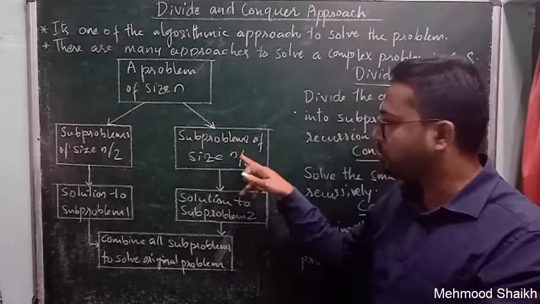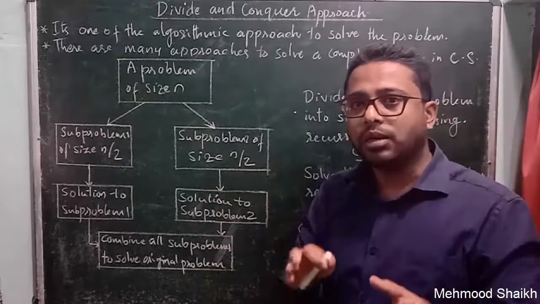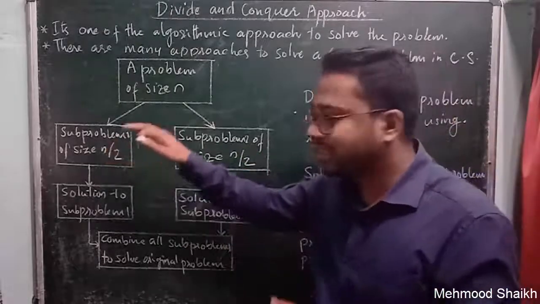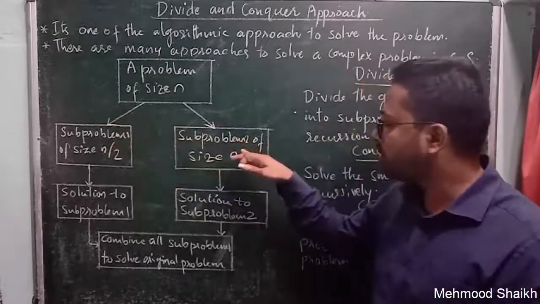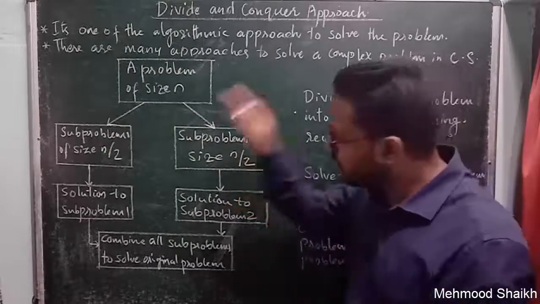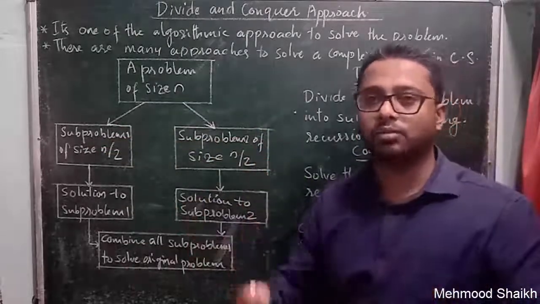At this point, if you think you can make a solution for subproblem 1 and subproblem 2, you are free to do so. But if you feel these subproblems are still too large, then you can further divide subproblem 1 and subproblem 2 into smaller subproblems.